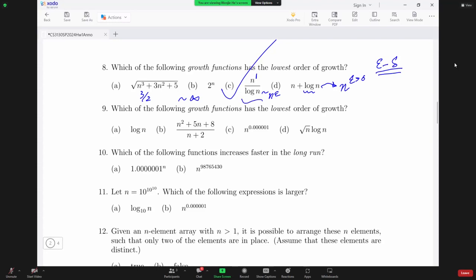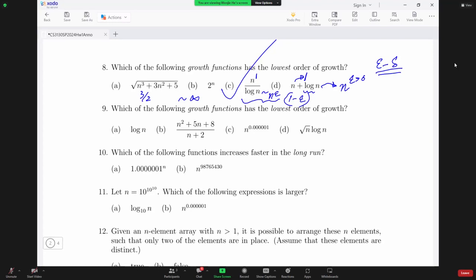So the whole thing, order of growth 1 minus epsilon, 1 minus a very small positive number. Then d is 1, because the dominant term is n, you get a 1. The minor term log n, we ignore it. So d is 1.